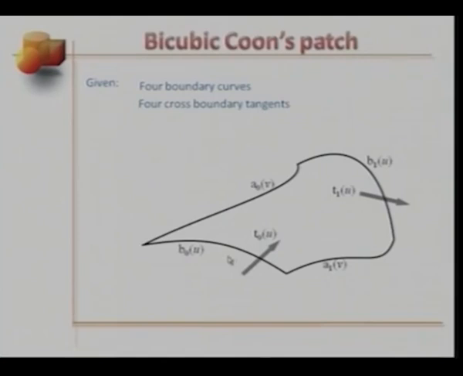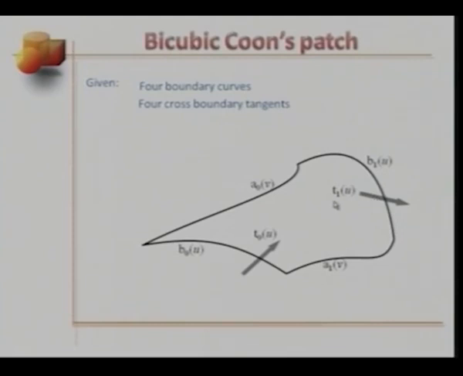Well, physically, if you stand at any of these points, t0 of u would be a set of directions which would be tangents along the v parameter direction. Likewise, t1 of u will be the tangents if you stand on any of these points on b1 of u.